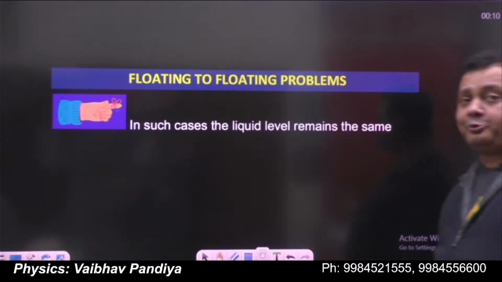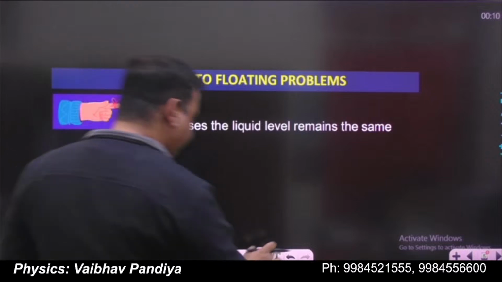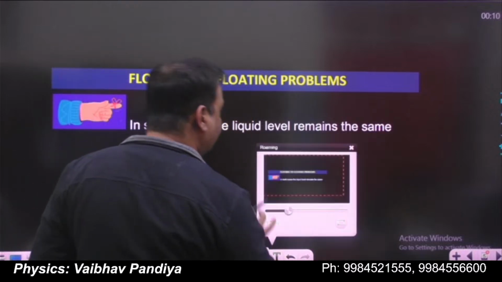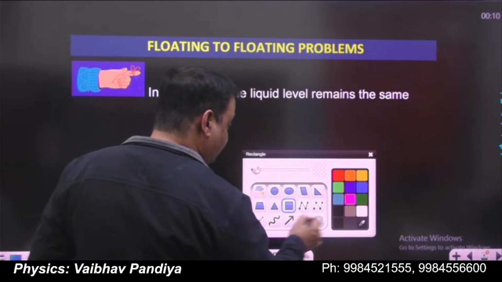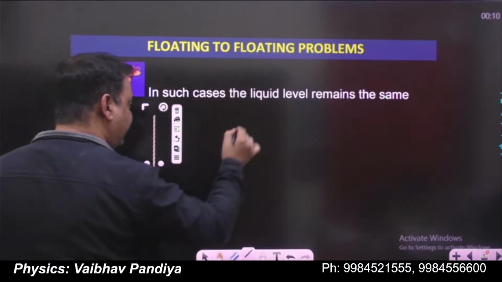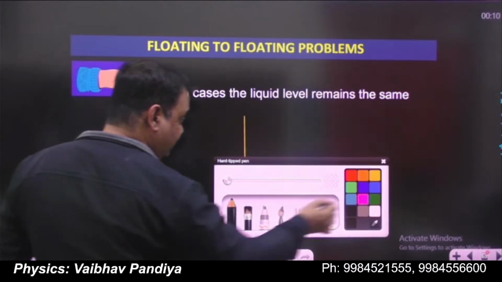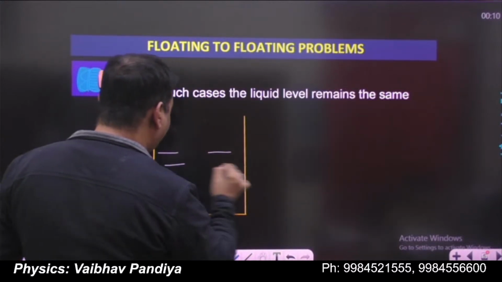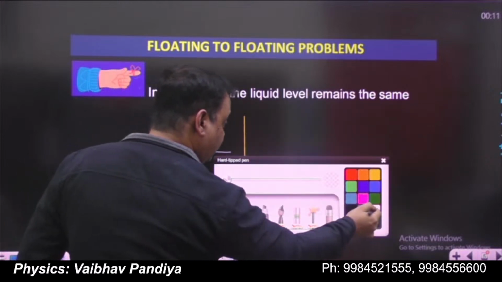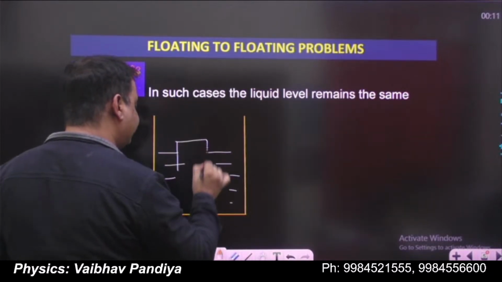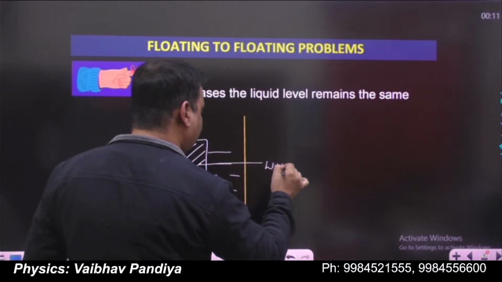Now, as a fingertip point, you will remember this whenever we have floating to floating problems, because in MCQs or objective type problems, you would like to save time. Floating to floating type problems will always be when the density of the object is less than the density of the liquid.